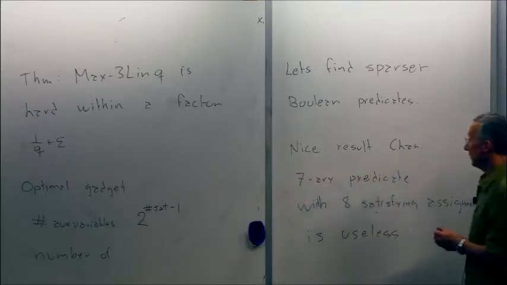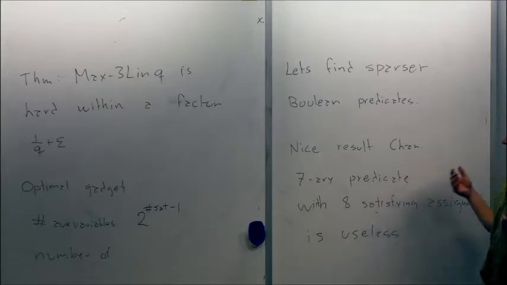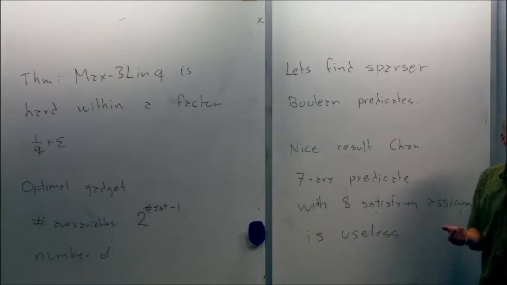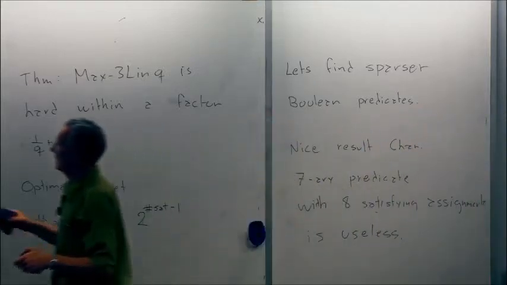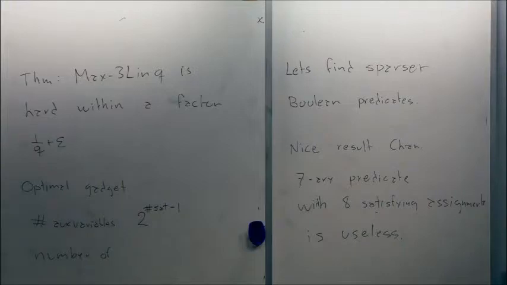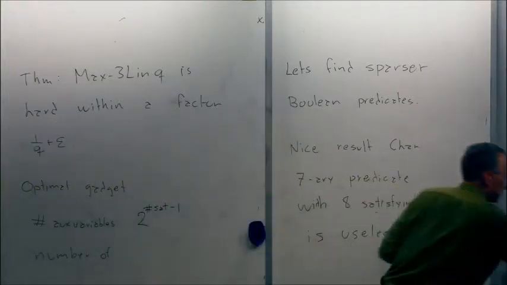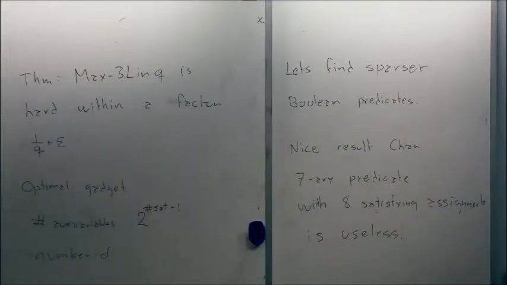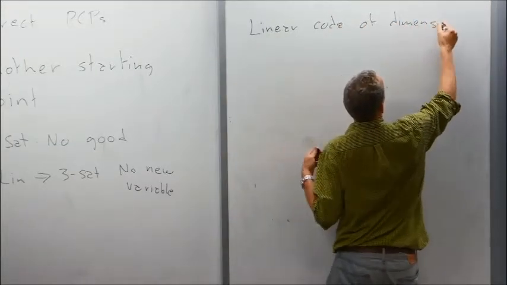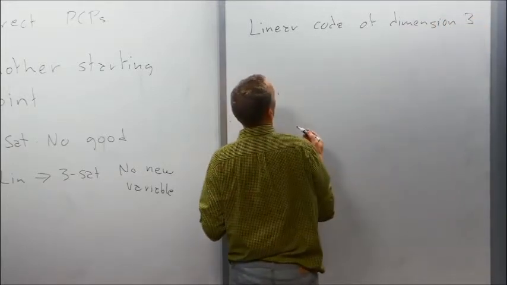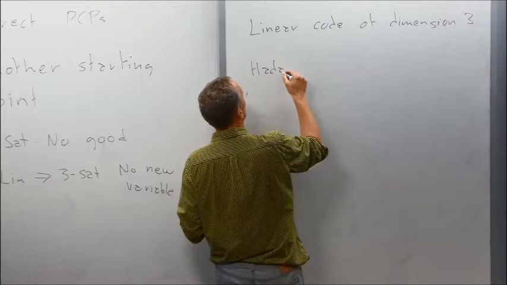So what he did, one of the things he does, is that he has a 7-ary Boolean predicate with 8 satisfying assignments, which is in fact useless, with my definition of useless. So let's see what this predicate looks like. This is in fact just a linear code of dimension 3, if you put it that way. Another way to say it, it's the Hadamard code.